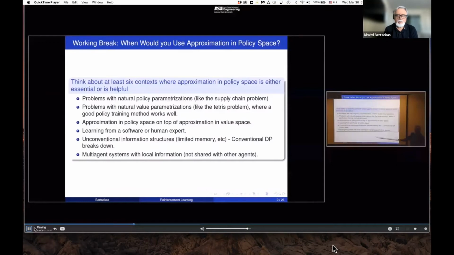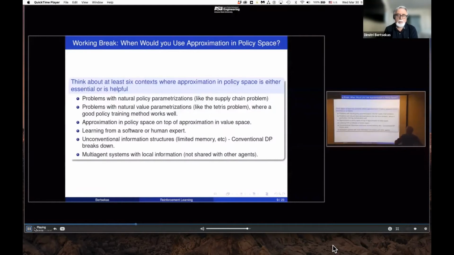Now, here's something that we haven't talked about. There are interesting problems that look like dynamic programming, but they don't fit neatly into the framework of dynamic programming because the information structure may be unconventional. Like, for example, there may be limited memory. We have assumed so far that the controller never forgets anything, right?